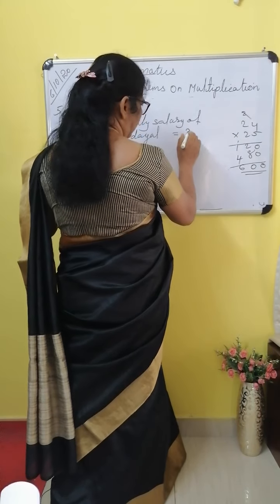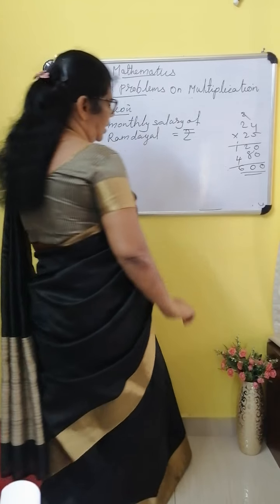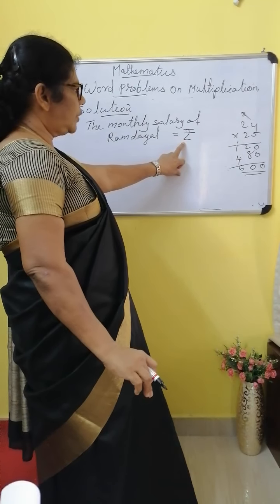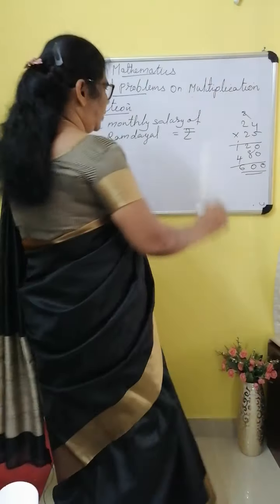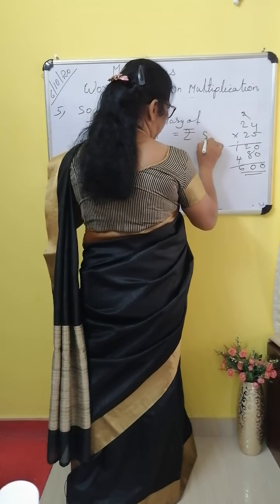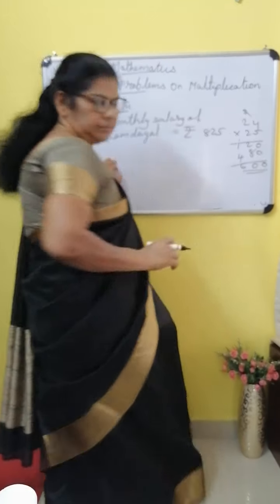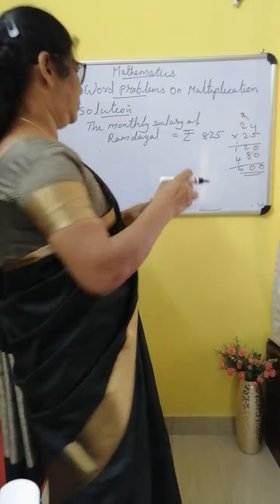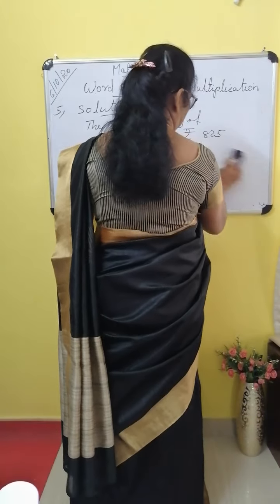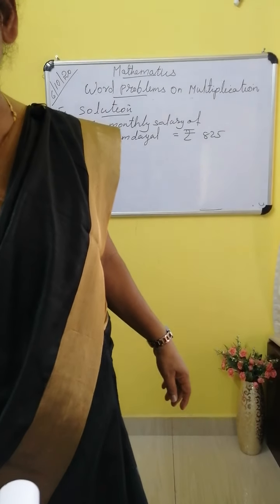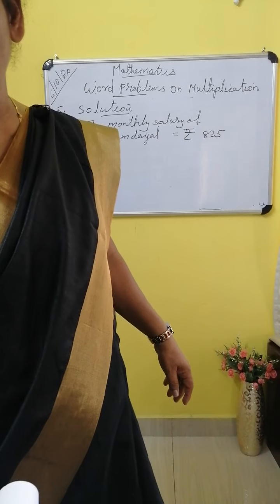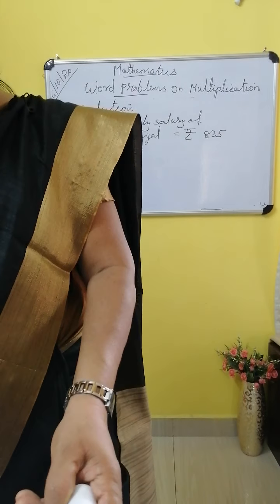See the symbol, this is the symbol of rupees. Okay. See how to write the symbol. Rupees 825. Leave some space and write. Then we have to find out the annual salary. That means salary of 12 months. Okay.